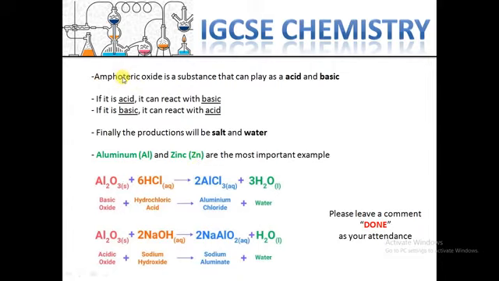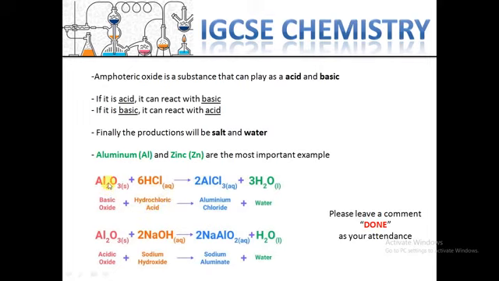The kind of metal that reacts with oxygen can produce amphoteric oxide. The most important metals are aluminium and zinc. So here you can see, for example, aluminium oxide can react with hydrochloric acid, with another acid.